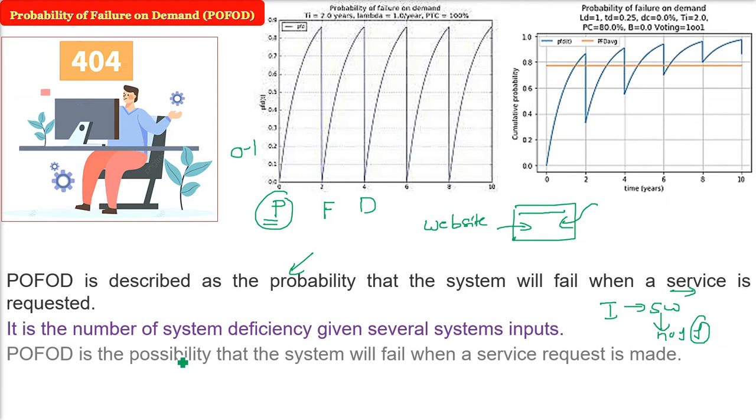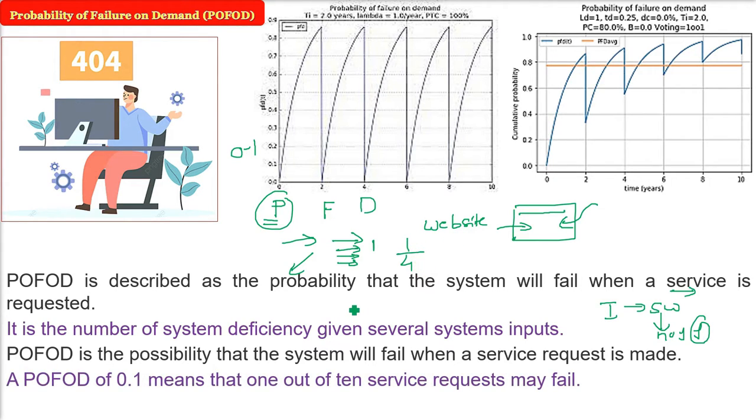So POFOD is the probability that the system will fail when a service request is made. For example, 4 times we asked, and only 1 time it provided the service. 1 by 4, 0.25, is the probability. I'll give you one more example. If POFOD is 0.1, what does it mean?